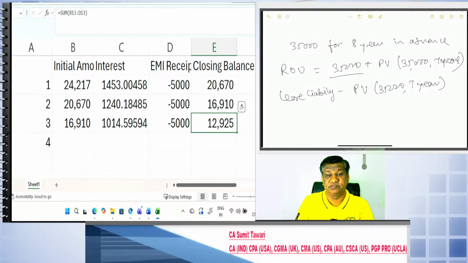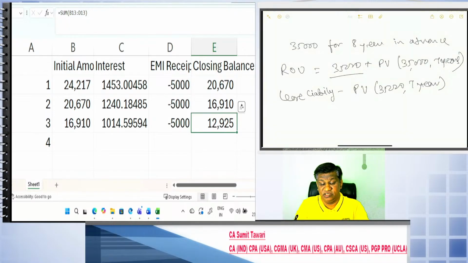This is my interest. Okay. And if I amortize over the 8 years, okay, so 253,244 is my ROU, okay. And then divide by 8 in the straight line method, okay.